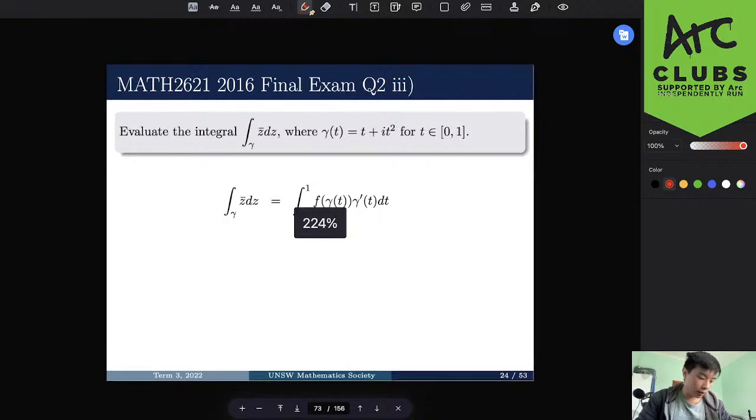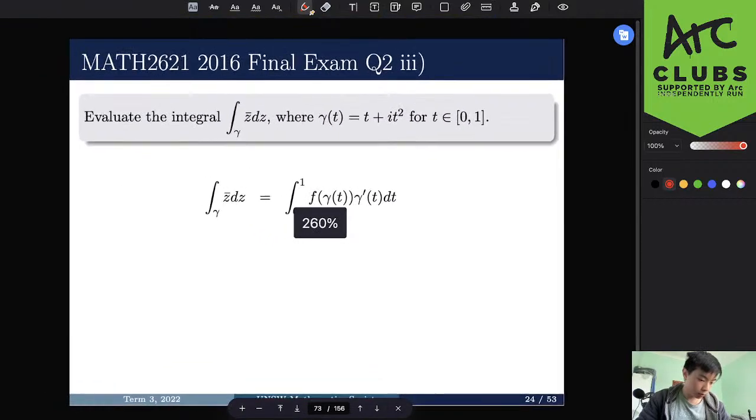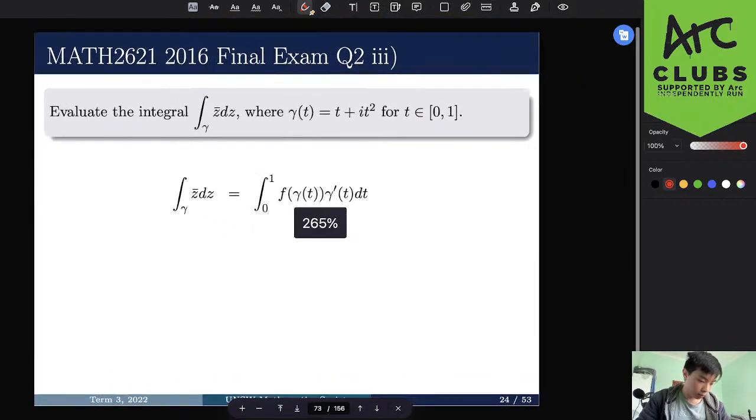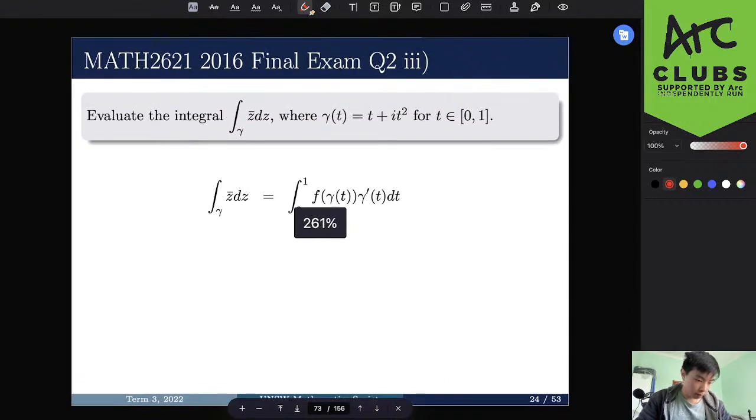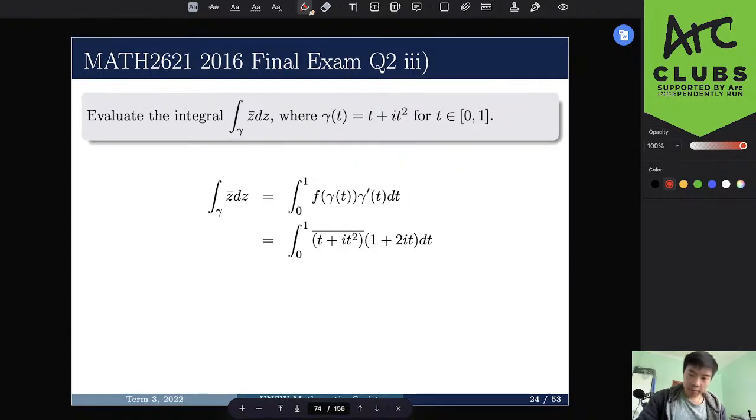So obviously our gamma dash of t is equal to 1 plus 2it, because we're taking the derivative of the real and imaginary part individually. And then we just sub it in. So we subbed in our gamma and our gamma dash t.